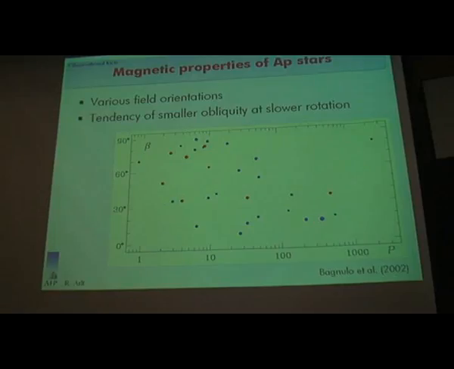The funny thing is that the slower these stars rotate, the smaller, that is, the more aligned these angles get. While when you come from dynamo theory, you will always think if you have the slightest differential rotation, then rotation will make things axisymmetric and make it aligned. So you would expect the small angles at fast rotation and the large angles at slow rotation.